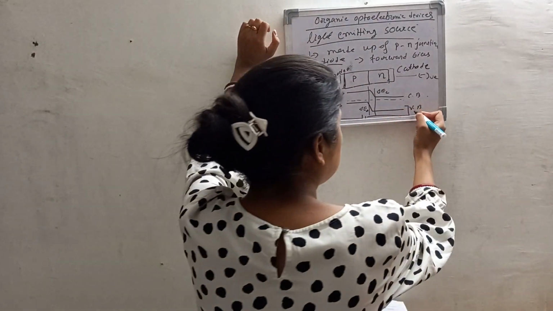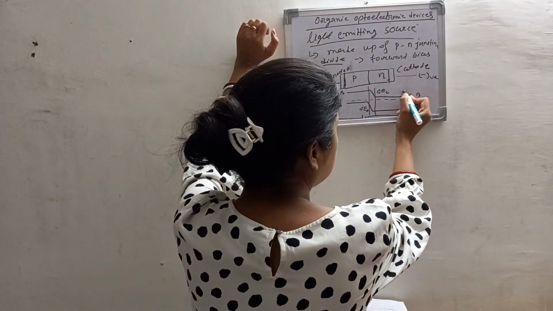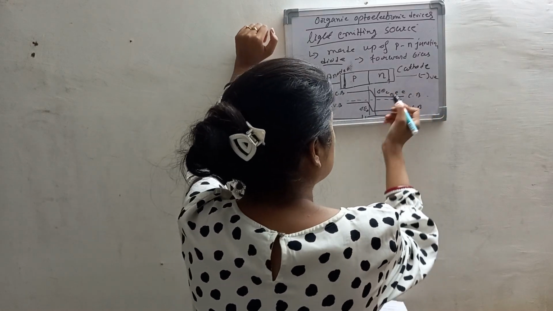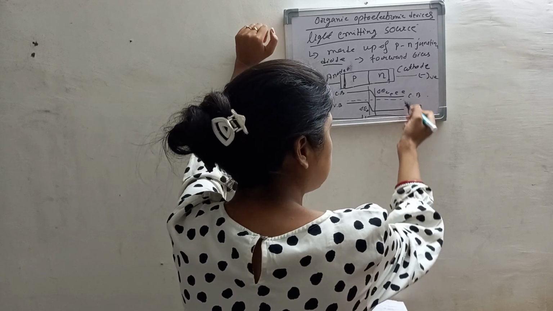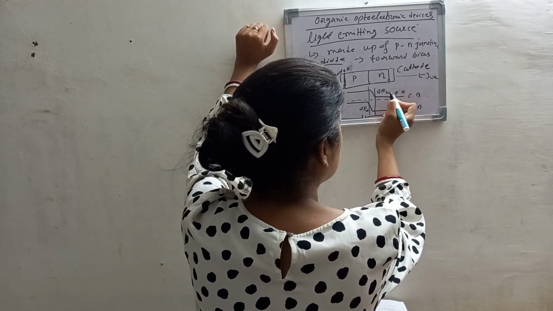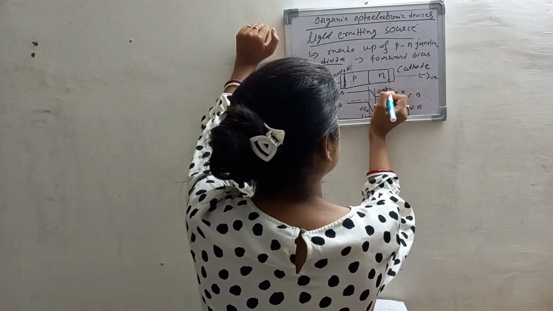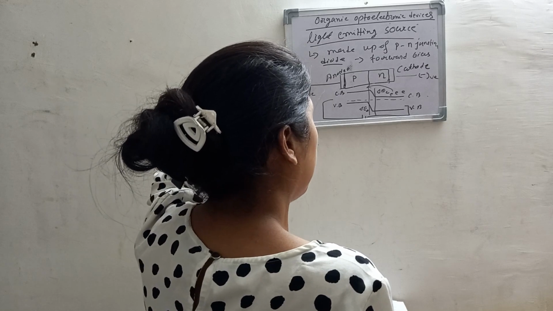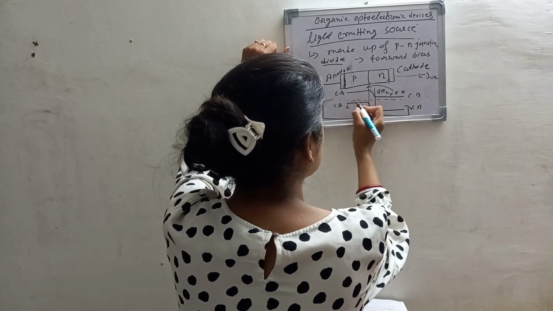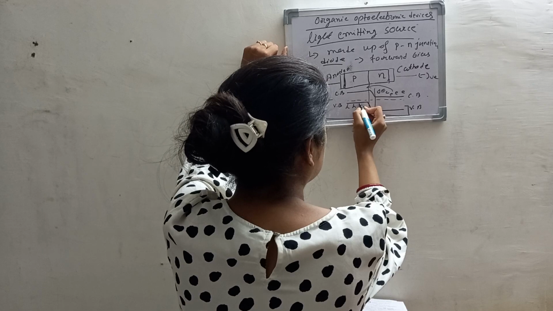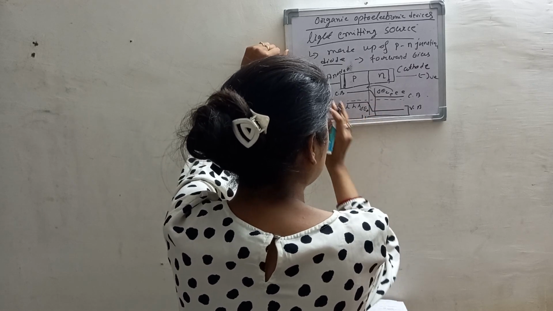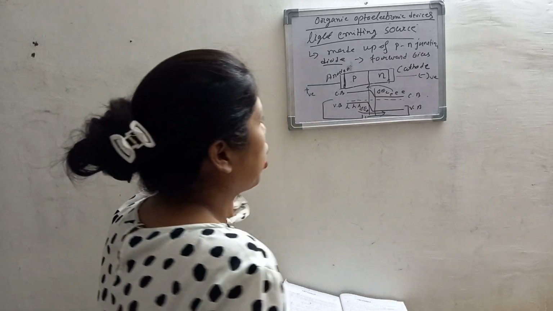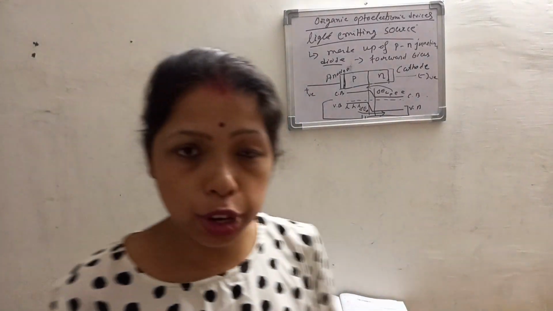So if we apply the negative voltage, the electrons inside the n-type semiconductor are repelled away from the junction and try to move towards the p-type semiconductor. Whatever holes are present inside the p-type semiconductor are also repelled away from that junction and try to move towards the valence band of the n-type semiconductor.